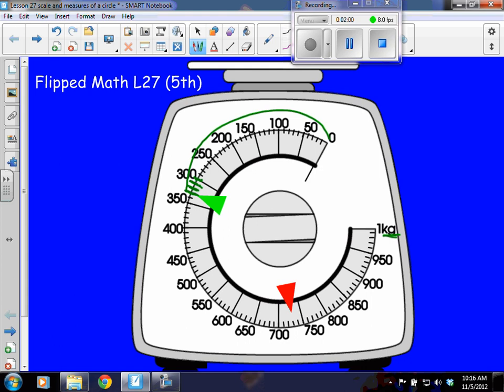And so I'd have that idea. If we go down to the red arrow, we could do the exact same thing again. Our green arrow, we said was 300, oops, not 340, 330 kilograms.